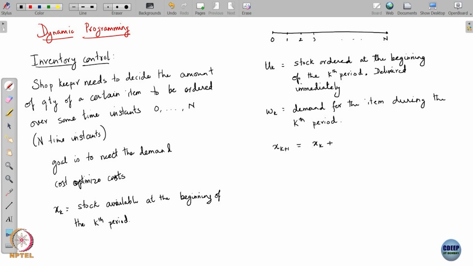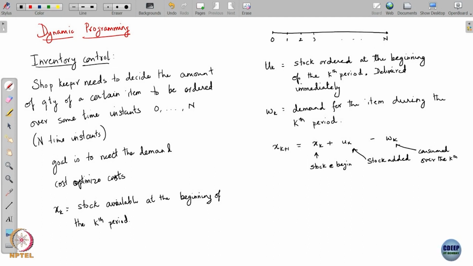plus. So, this is the stock available at the beginning. This is the stock you have added or ordered. This is the stock consumed over the kth period.